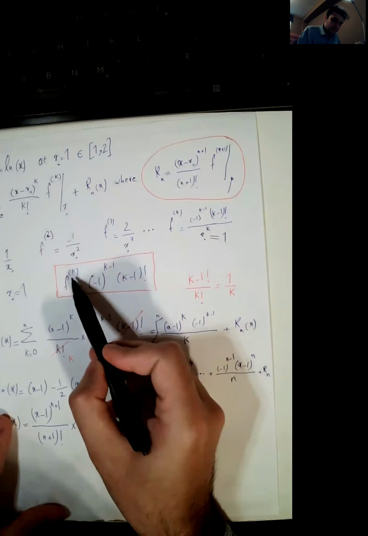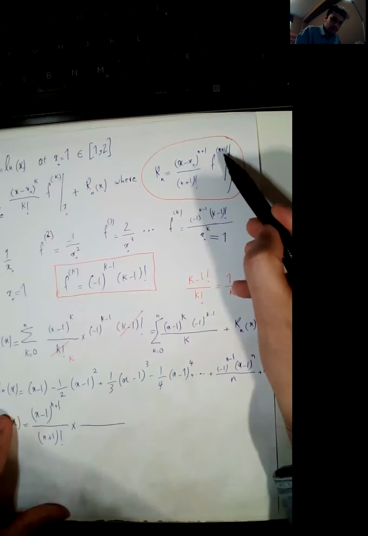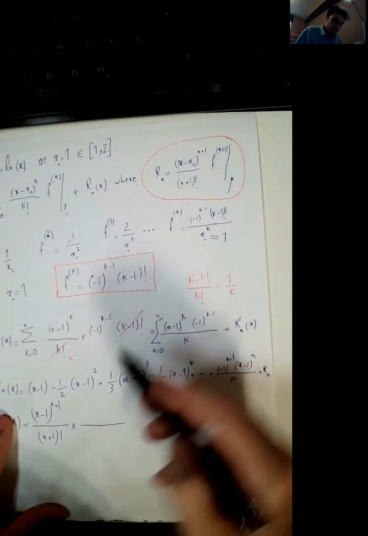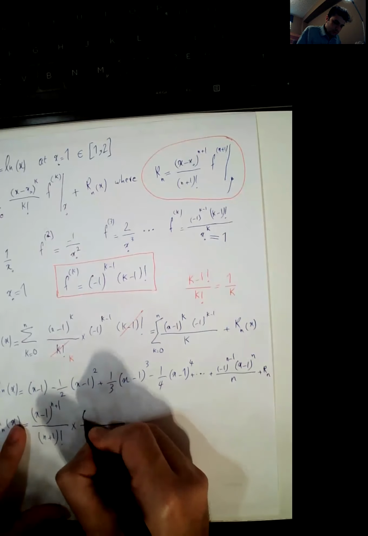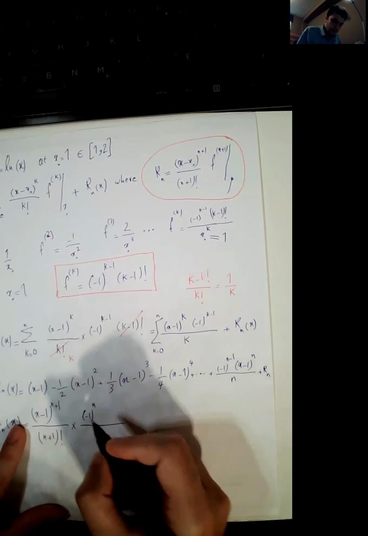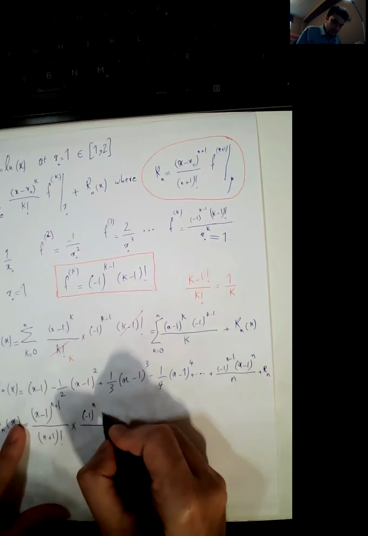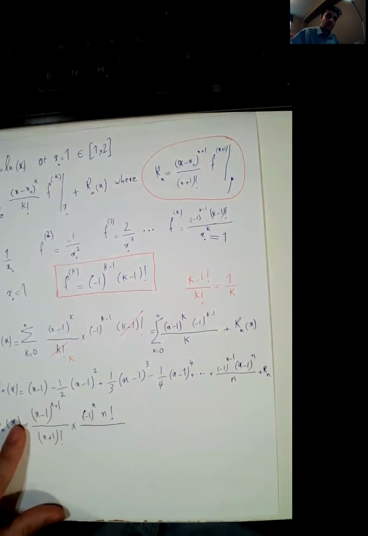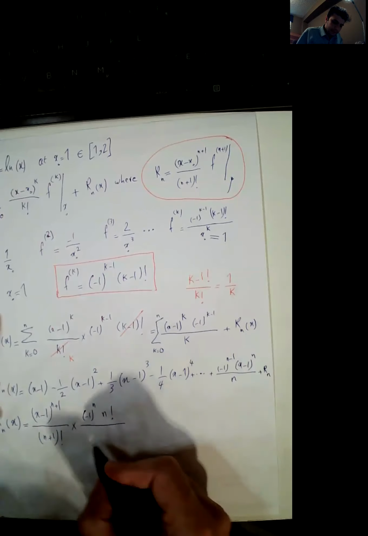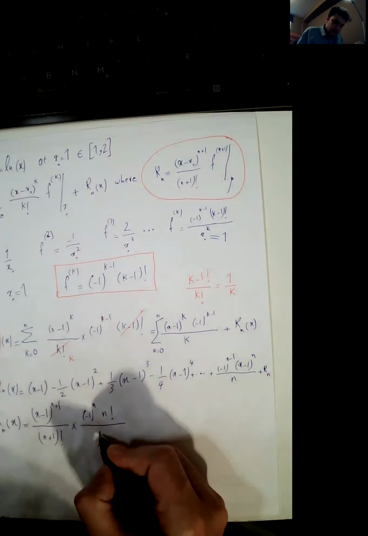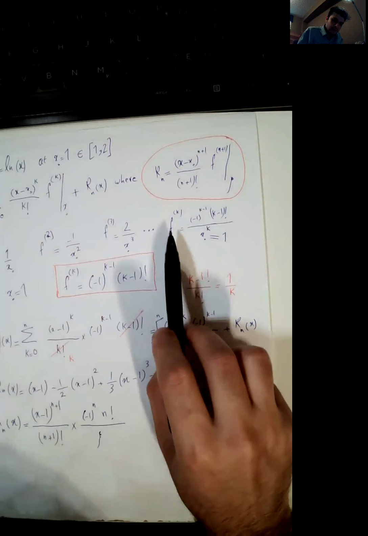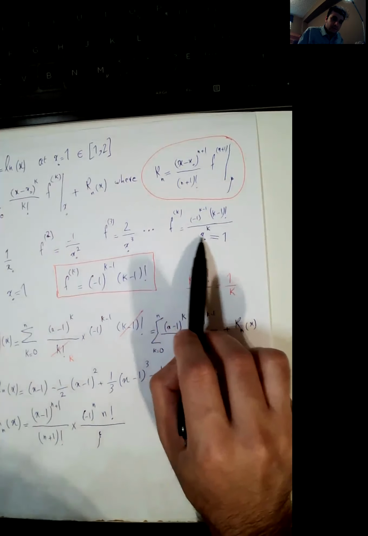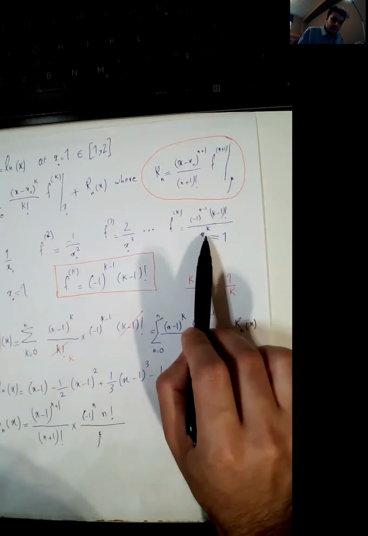Here k is n plus 1, which means (minus 1)^n times n factorial, and there is psi, because this was the original formula for f^(k).